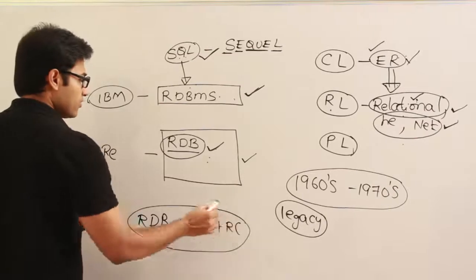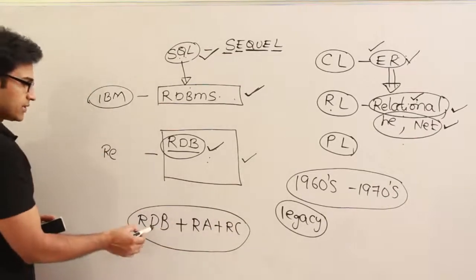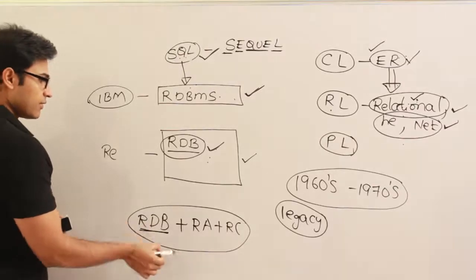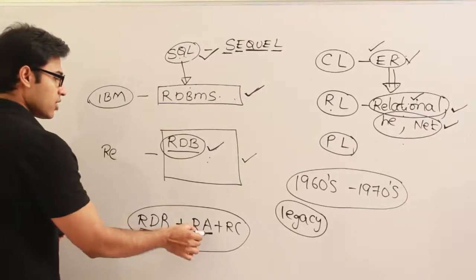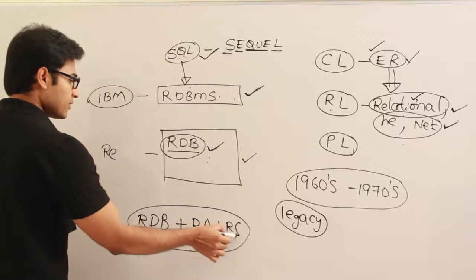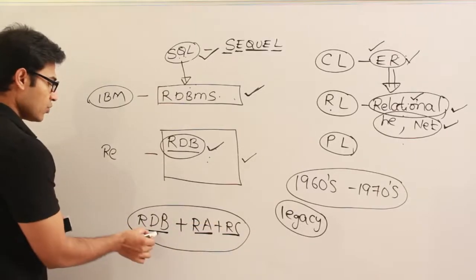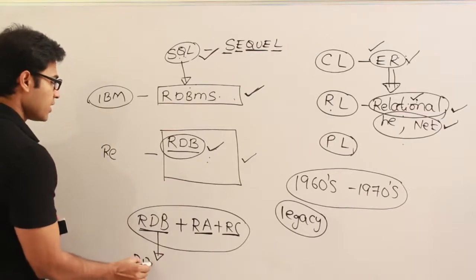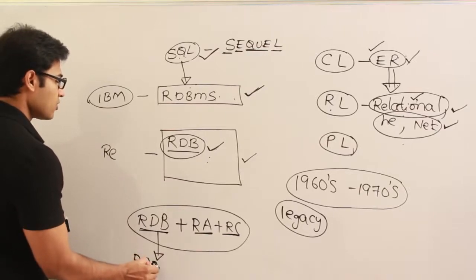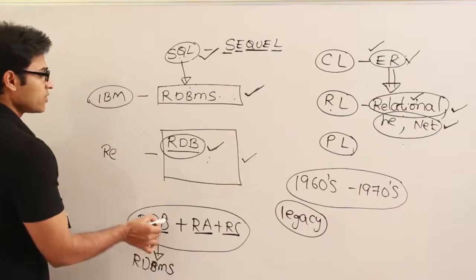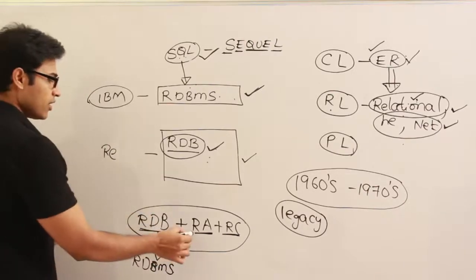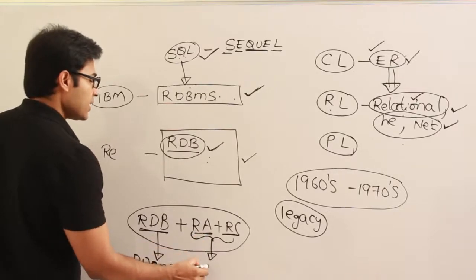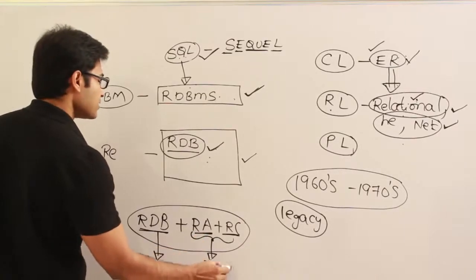So if your database is in the relational database model, then you can use relational algebra and relational calculus in order to query it, right? Popular relational database management systems use this relational model, and they provide an implementation of relational algebra and relational calculus, which is called SQL these days.